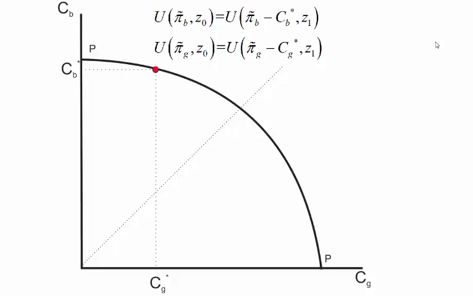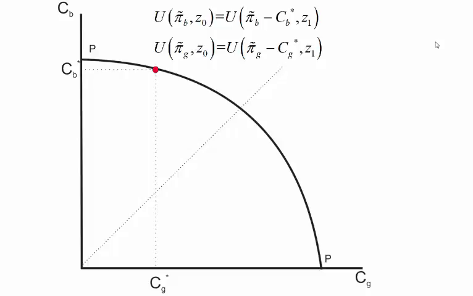What it means is that in the bad state, the individual is indifferent between Z0 and Z1 after that payment CB star, and in the good state, he is indifferent between Z0 and Z1 after the payment CG star. So now we have a fourth possible set of state contingent payments that we might want to consider. And of course, there's an infinite number of other alternatives that we might want to consider.